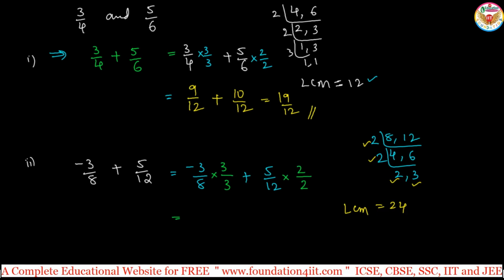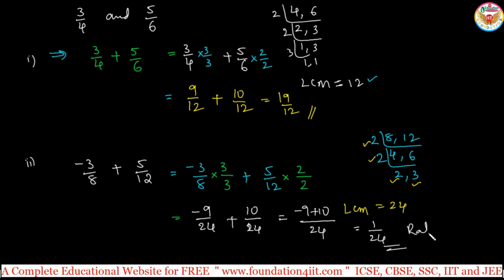Now the value becomes minus 3 times 3 is minus 9/24 plus 5 times 2 is 10/24. When the denominators are the same, minus 9 plus 10 is 1/24. So 1/24 is also a rational number, right? While adding any two rational numbers, the result is also rational. That is the closure property.